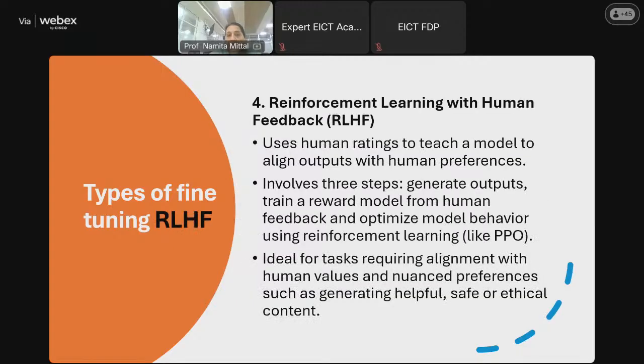The fourth type of fine-tuning is reinforcement. As you know, it's reinforcement learning. We have supervised learning, we have unsupervised learning, and the next one is reinforcement learning. In supervised learning, there is always a supervisor with us in terms of the label y in the training data, while in unsupervised learning we don't have the label.